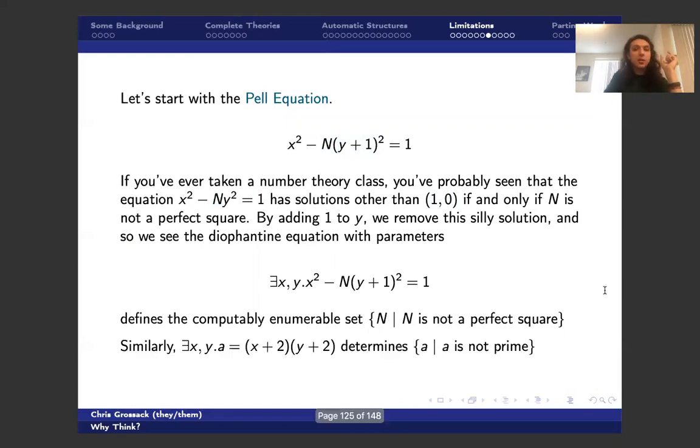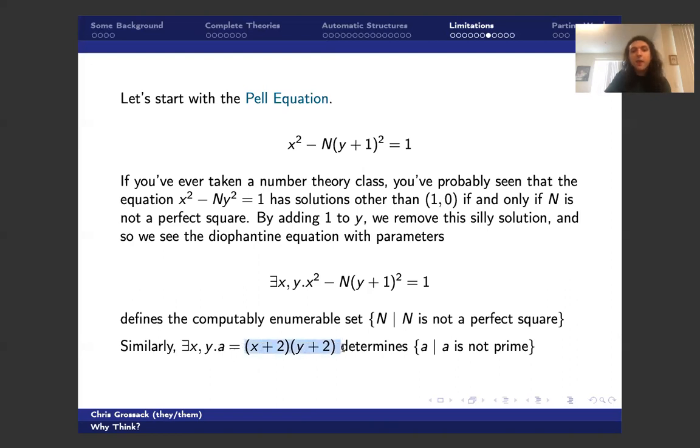And it turns out you can do this with any computably enumerable set. And I believe it's constructive. I think you can actually turn the crank and find such a Diophantine equation. Similarly, this equation here determines the set of A for which A is not a prime. Or I guess you want A greater than 2 and A not a prime, right?